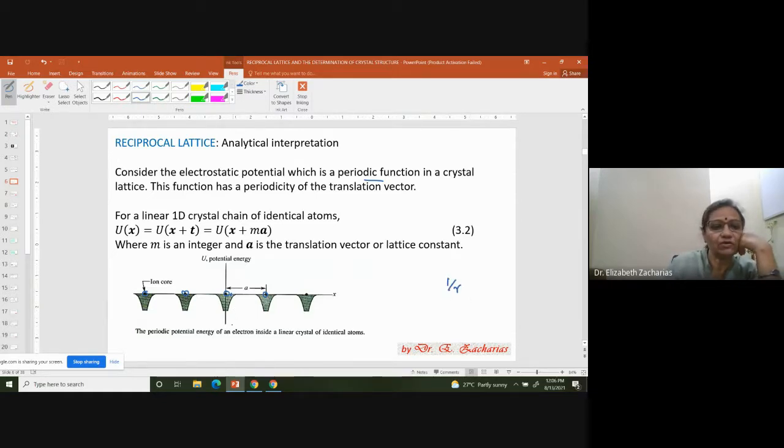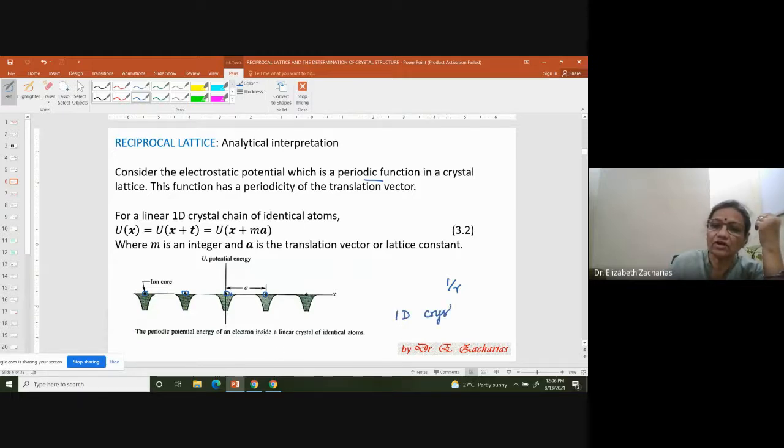Okay, so as a result, you can actually draw a potential energy graph for each of these ions. For each positive ion sitting at the lattice, you can draw a shape of how the potential energy will be. Okay, so this is the graph. And because these ions are periodically located, you can get a series like this. Let us talk about a hypothetical one-dimensional crystal.